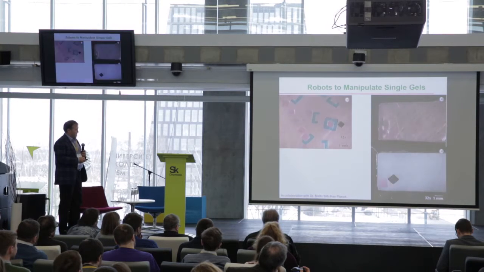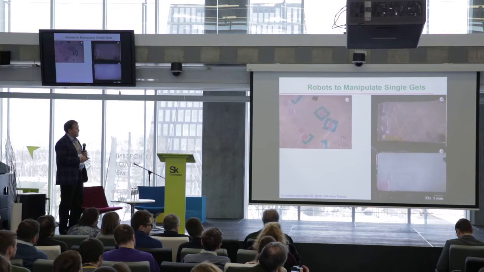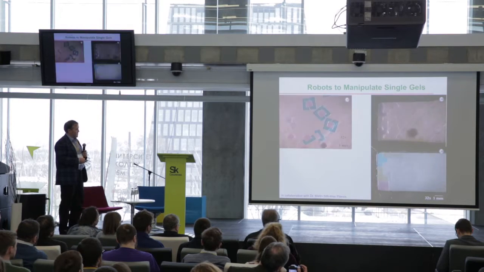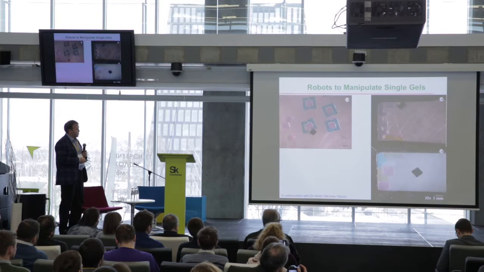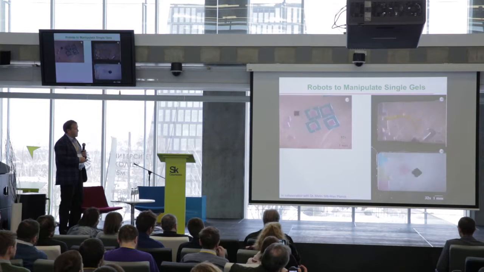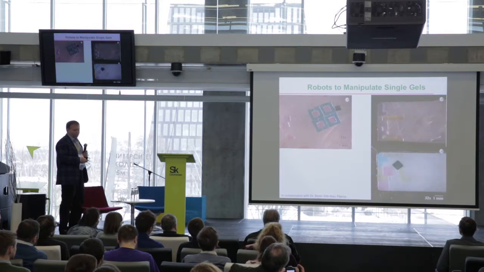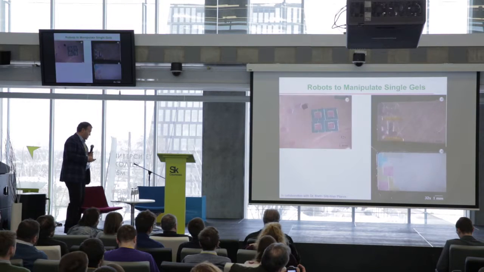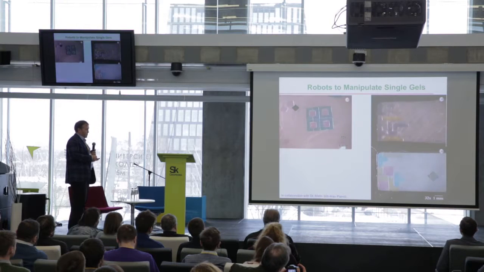Through a collaboration with Dr. Sitti, who was at the time at Carnegie Mellon, we started thinking about using magnetic eight-axis forces that would move these hydrogels around. You can think of these colors as different codings for gels, so that we could make different shapes and constructs and control everything one gel at a time. As you would imagine, this is very low throughput. We can even play Tetris with hydrogels.